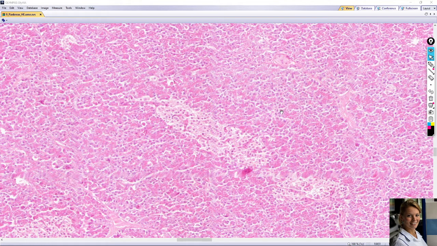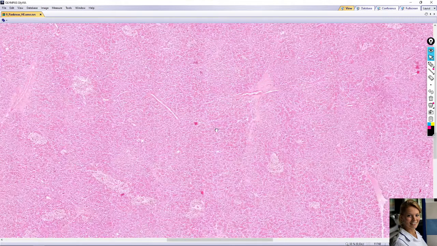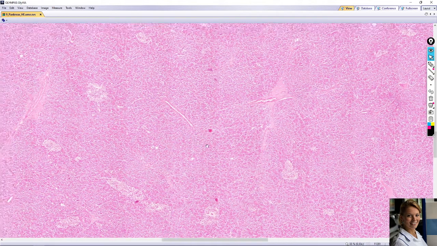The difference between the pancreas and other exocrine glands, for example parotid glands, is that the excretory ducts of the pancreas do not exhibit striation in their cells, and there are no striated ducts or myoepithelial cells.